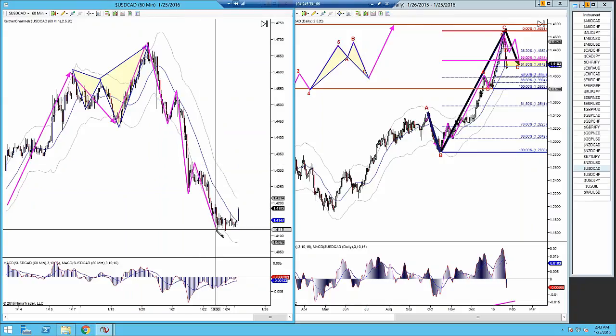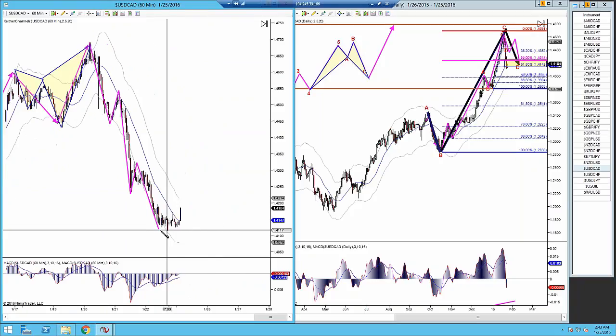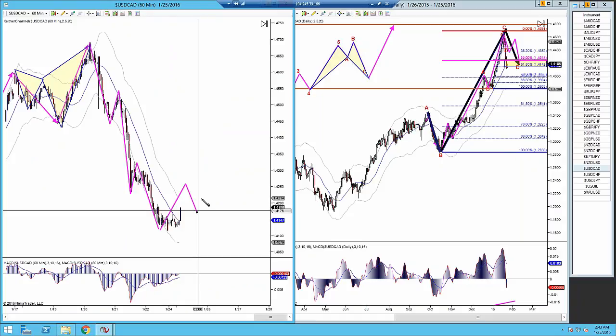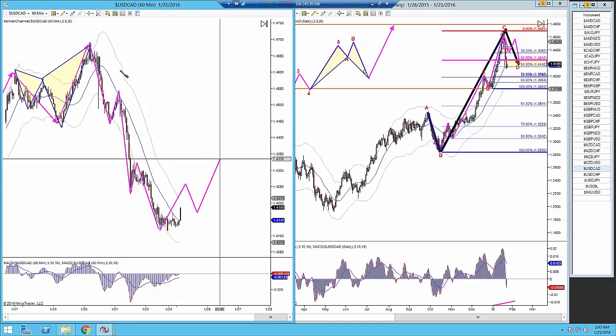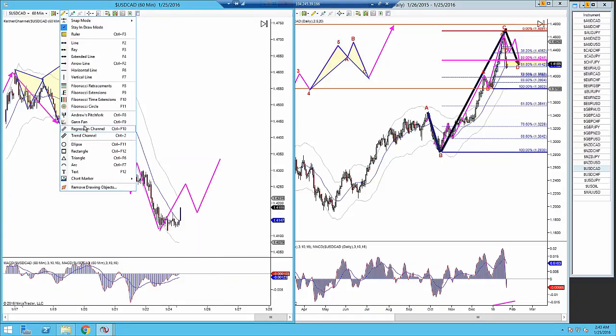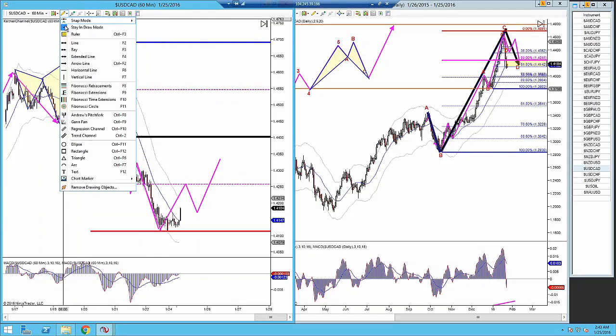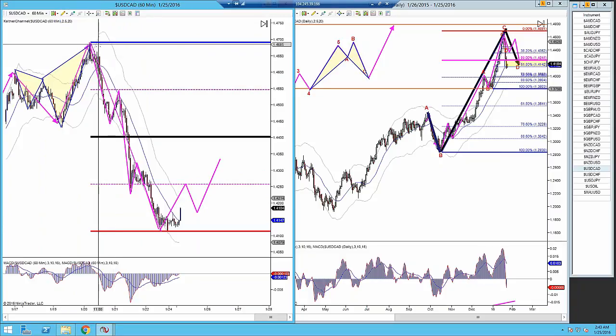You see that? What do we expect now? A, B, C back up. You're expecting a Fibonacci retracement. It's expected. Okay, let's fix this line here so we can get this clearer.